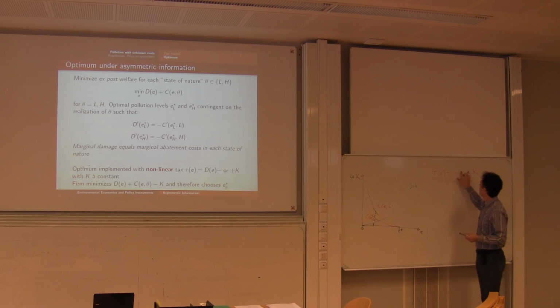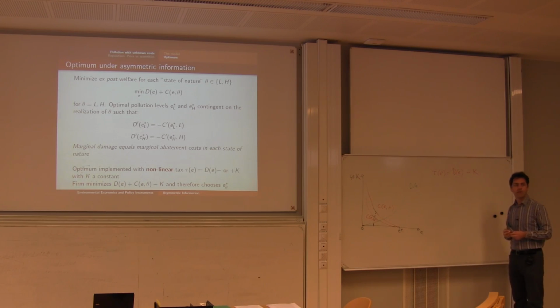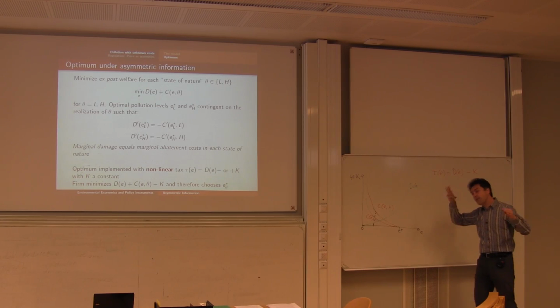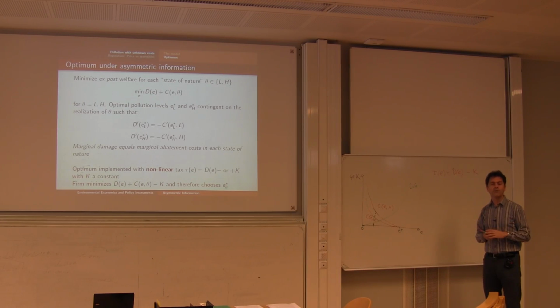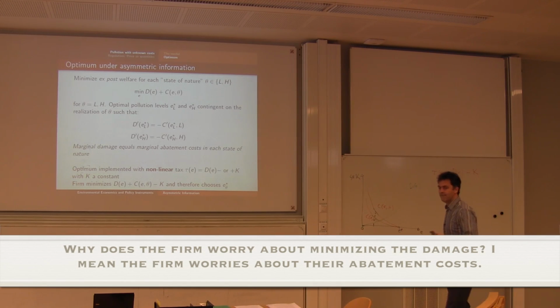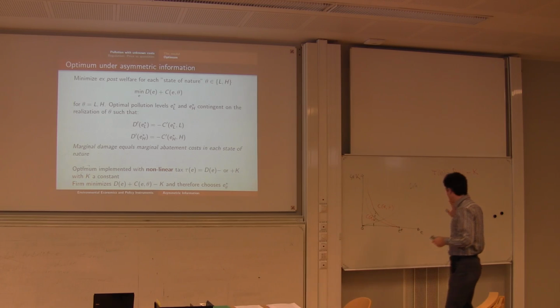Okay, so you get something which makes it pay for the damage minus some constant. So it's like an income tax. When you pay your income tax, this is something which is non-linear. Your tax rate depends on your revenue in a non-linear way, for instance. Okay, so that's the next step.